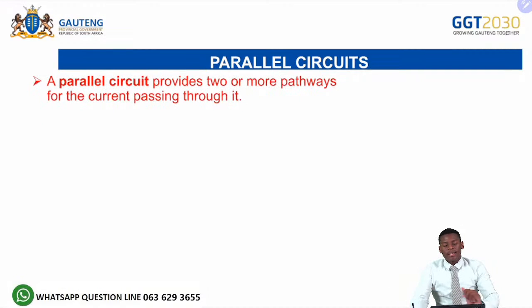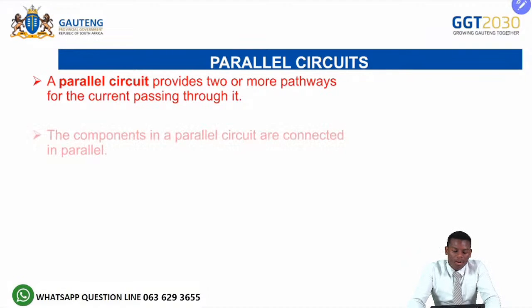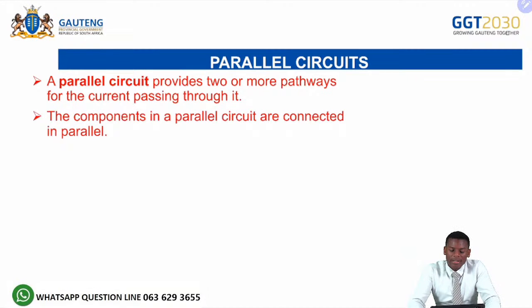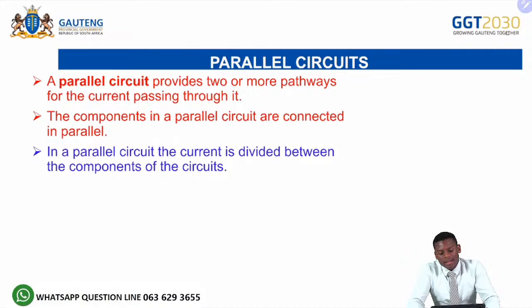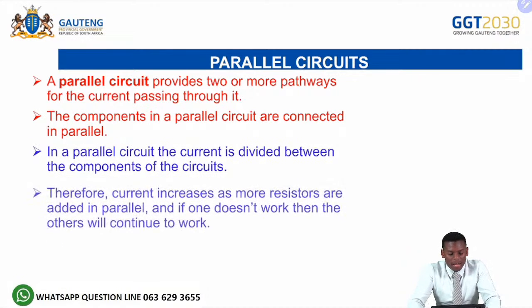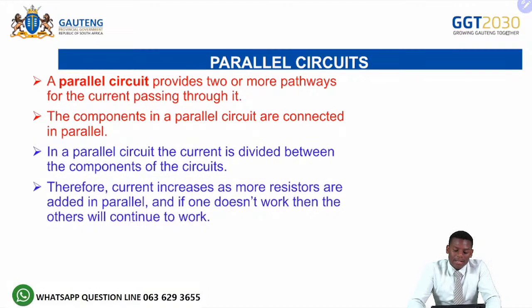A parallel circuit, when you get more into it, provides two or more pathways for the current passing through it. Also, the components in a parallel circuit are connected in parallel, and the current is divided between the components of the circuit. Therefore, current increases as more resistors are added in parallel, and if one doesn't work, the others will continue to work.